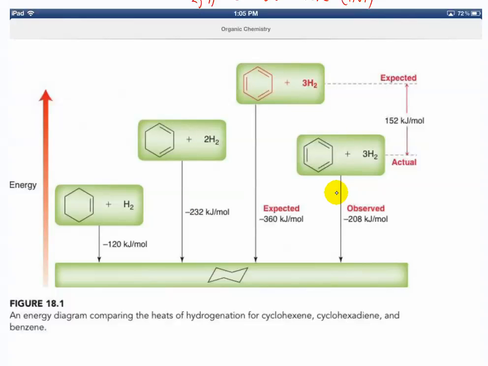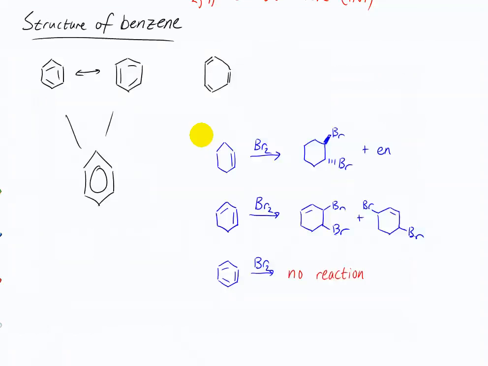And that benzene is actually giving you out less energy than the diene, which has more hydrogen being added to it. So even though the resonance certainly has something to do with this, there must be something else even bigger, even more stabilizing than resonance that's causing this to happen. So let's talk about what that is.